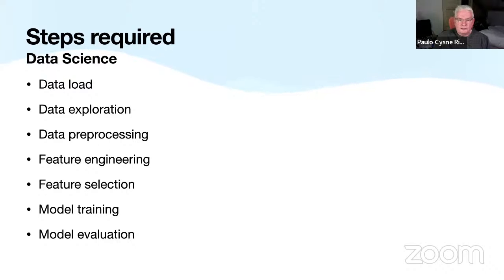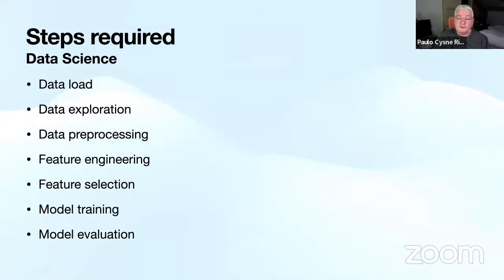Before we see this case, I would like to tell you a little bit about any data science project. You should have these phases in any data science project. You have data loading first. You read the data, either from a database, a CSV file, or a data warehouse. You explore the data. You do data preprocessing, like encoding the data that is not in numeric format.